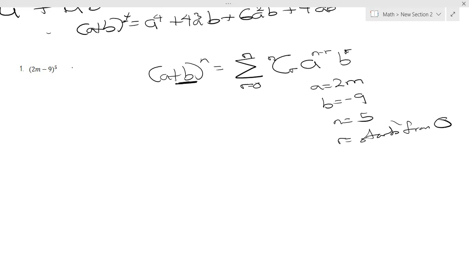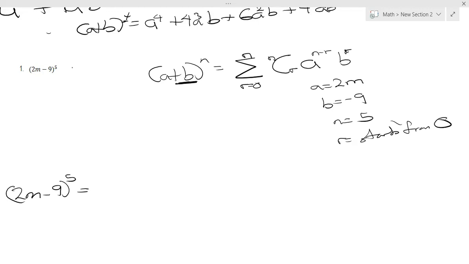So let's expand. We have 2m minus 9 to the power 5, starting from when r equals 0.